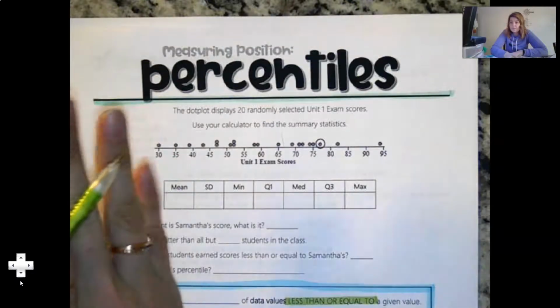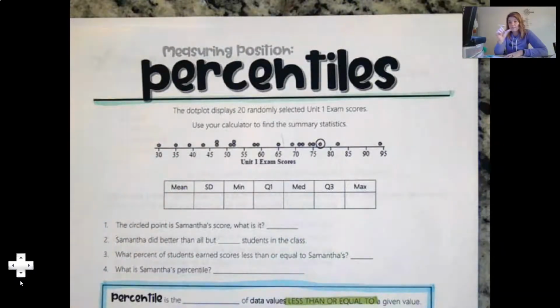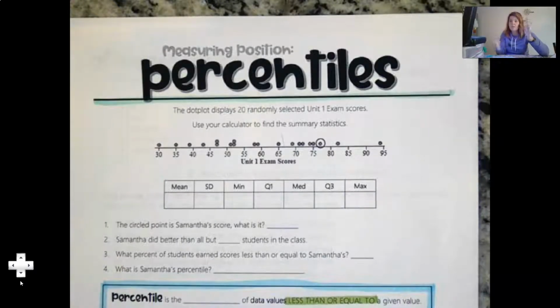Part of the reason that I gave you the baby tabs instead of a big tab is because this doesn't really encompass one idea. Like our last unit was all about exploring data, and our next unit is going to be all about the standard normal curve.